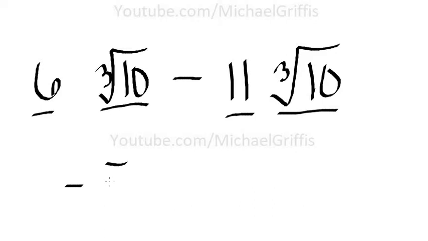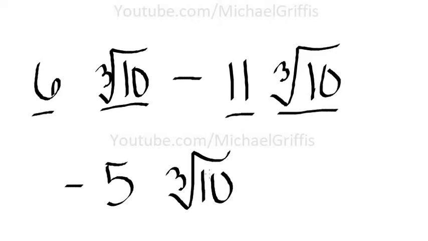Negative 5 times 3 roots of 10. So that just reduces down to minus 5 times 3 roots of 10.